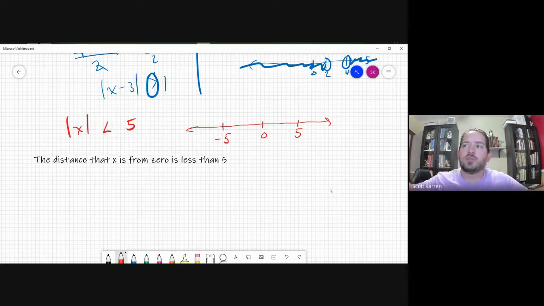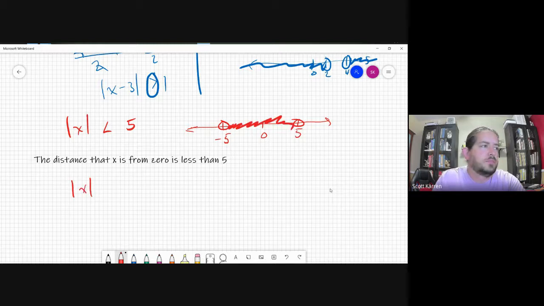So I can't go further than 5 or further than -5. And so it would be all of those numbers in between. And likewise, if it were less than or equal to 5, then it would be the numbers in between, but also including those endpoints.